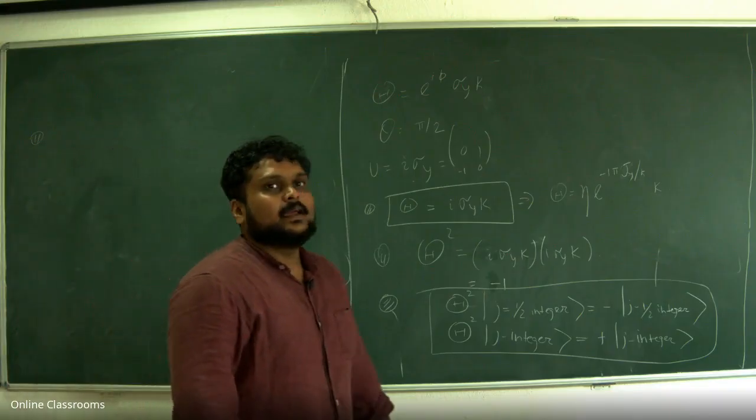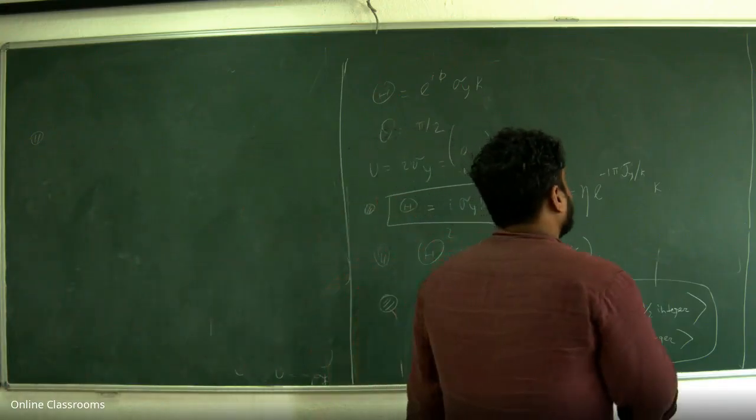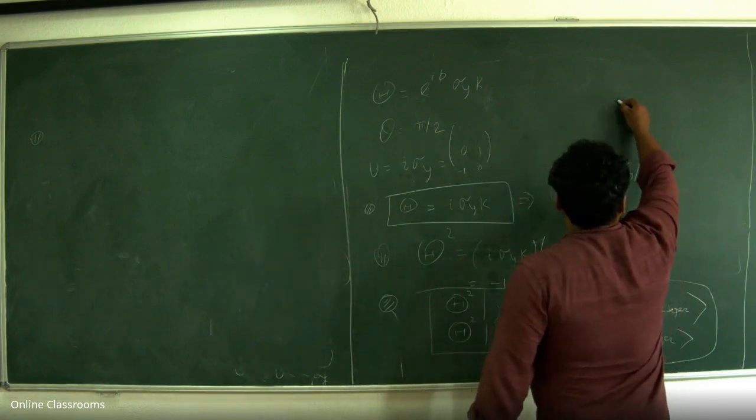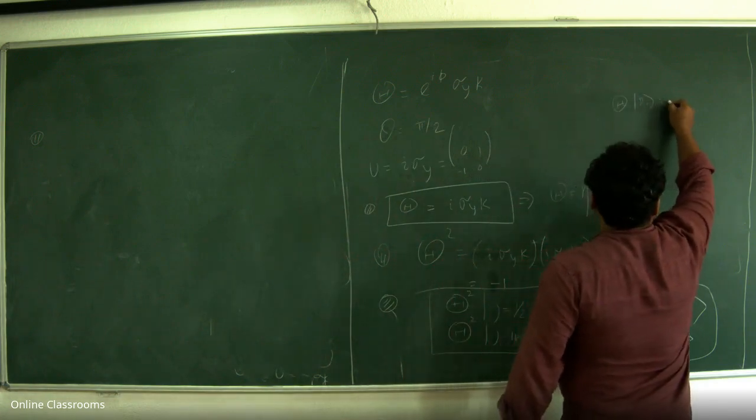Sir, this theta square means we are operating theta twice, right? Yes. So aren't we going to the same direction itself after twice? No, if I apply theta on p, you get minus p.